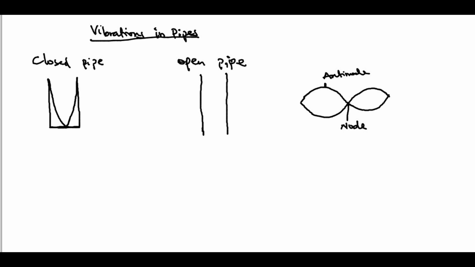So the major difference between a closed pipe and an open pipe, aside from the fact that a closed pipe has one end closed and an open pipe has both ends open, is the orientation of the waves in them. For a closed pipe, you will always have a node, and at the tip you will always have an antinode.